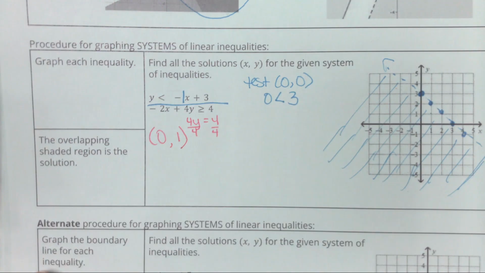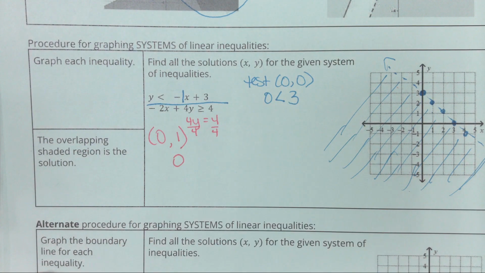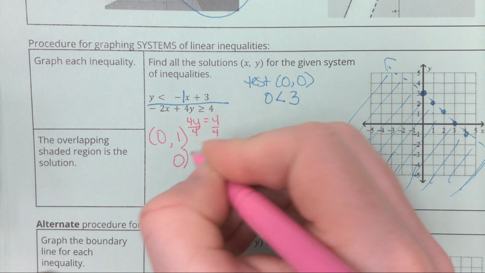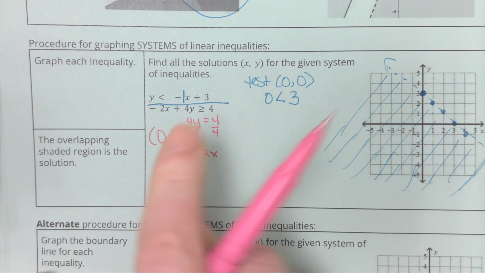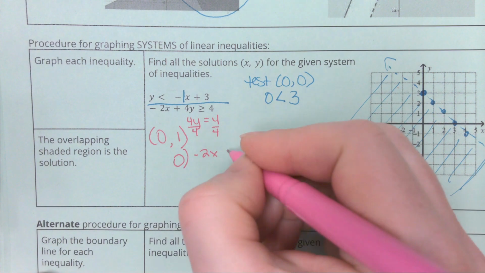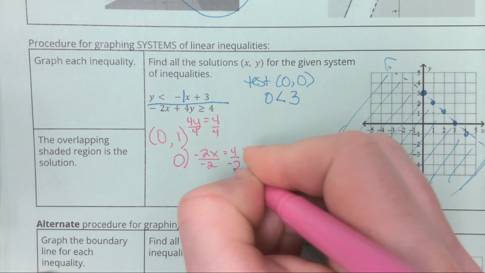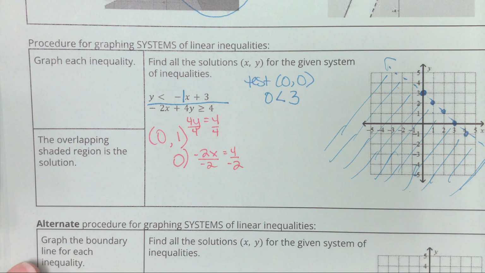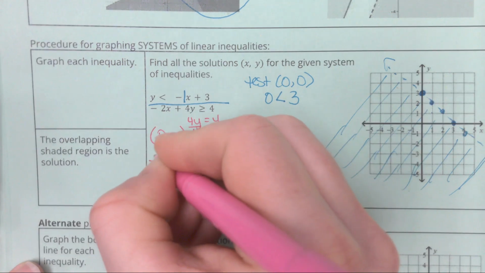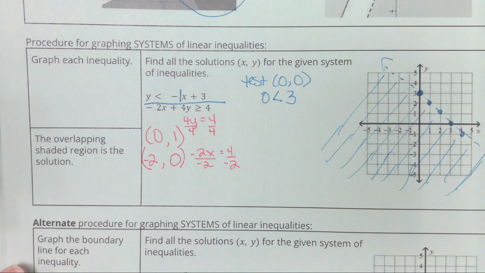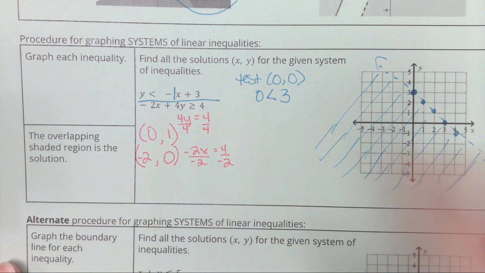If I put 0 in for y, I get negative 2x equals 4. What's the x-intercept? Negative 2. All right, so then we're going to plot those 2 points.